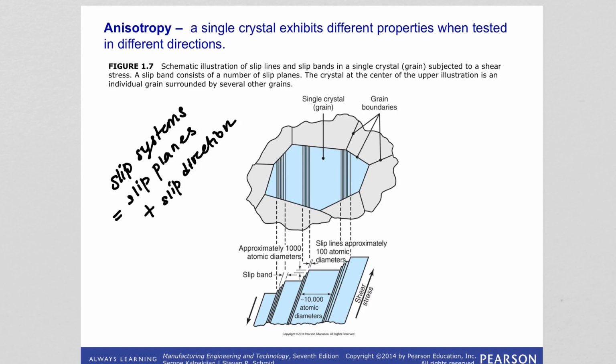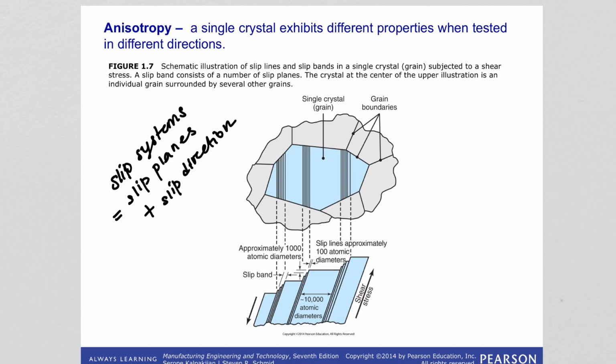And in this figure, we are shown how the slip planes will look. A single crystal, actually each grain within the grain boundaries can be called a single crystal, because within that single grain the atoms are arranged in a certain order, right? And the slip will start on those most densely packed planes and directions.